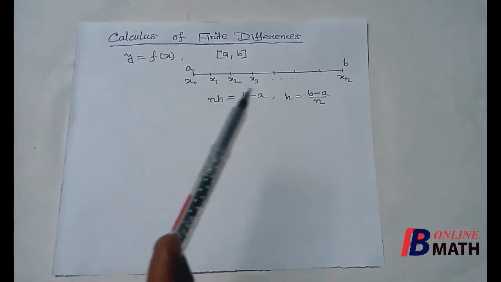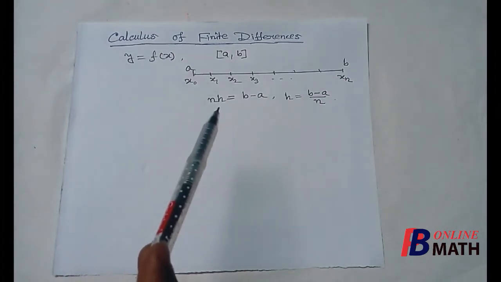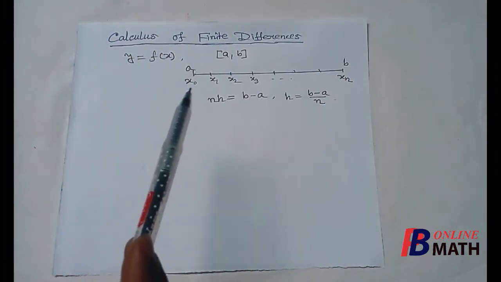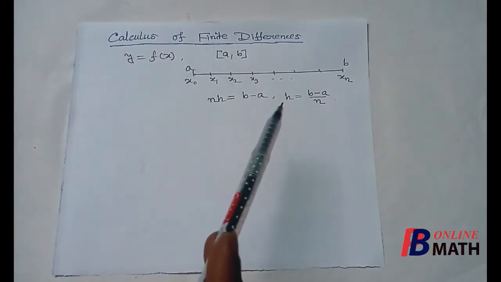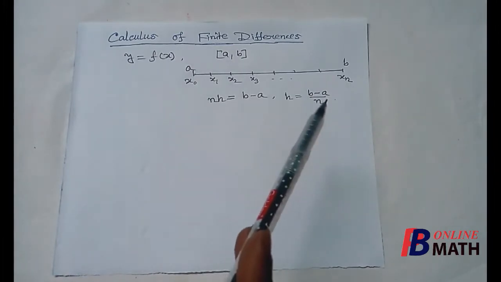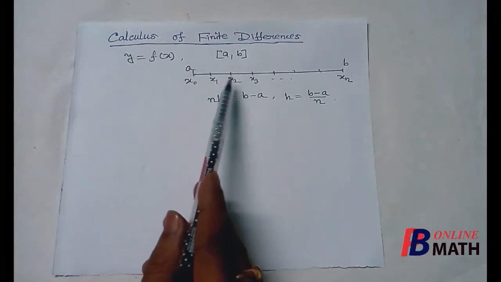If h is the length of each subinterval, then nh equal to b minus a, so h equal to (b minus a) by n. So h is the distance between any two consecutive points.